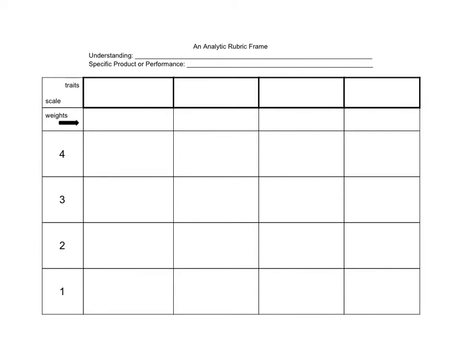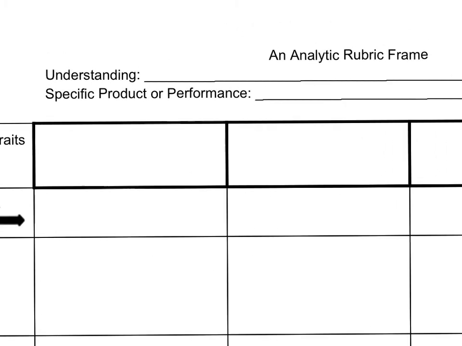Students are explaining their understanding, so the facet that they're using is explaining. And the specific product or performance that they'll be producing will be this RACE paragraph that explains why the parents are chosen.